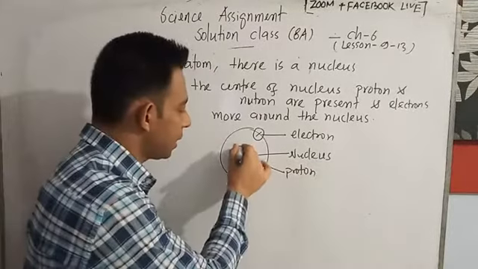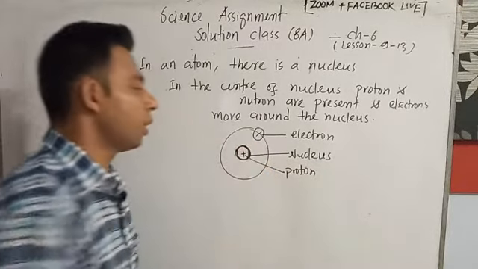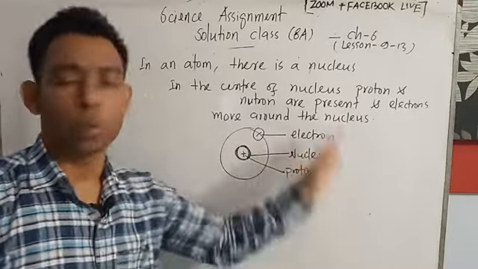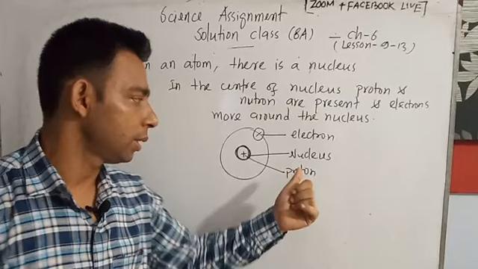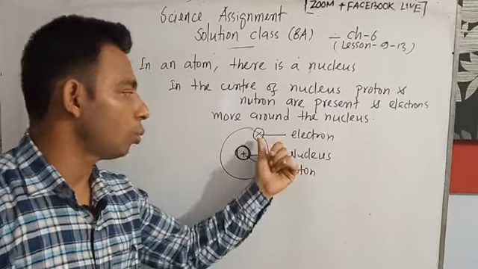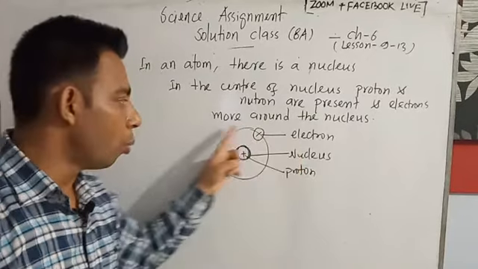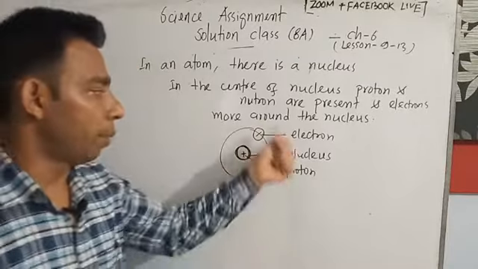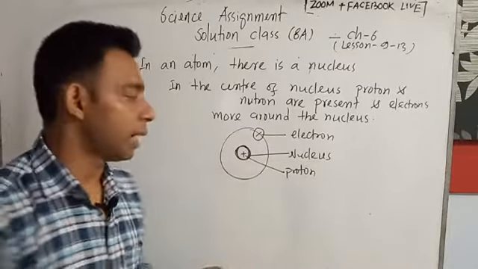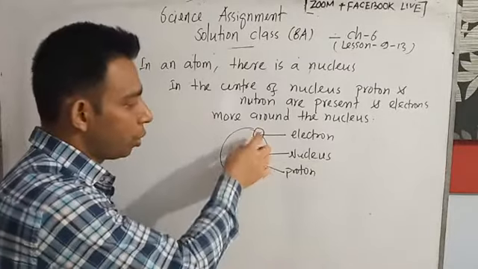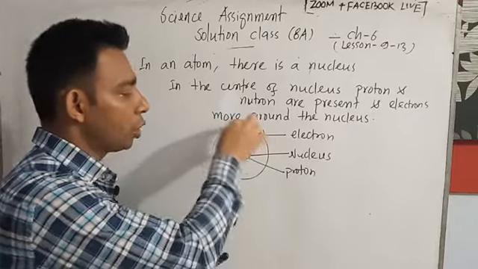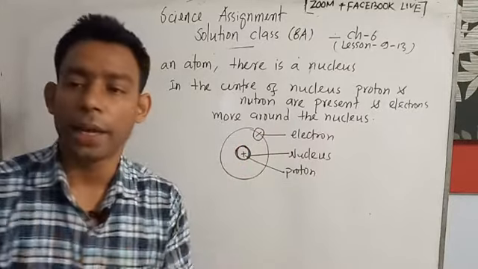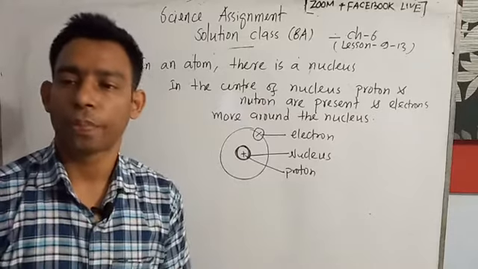That means the center, or nucleus, contains the protons, and the electrons are outside. The electrons move there because there is an attraction; without attraction they cannot move. Because of the attraction, the electrons move in their own shell or orbit, with the proton at the center, to make the structure of the atom.